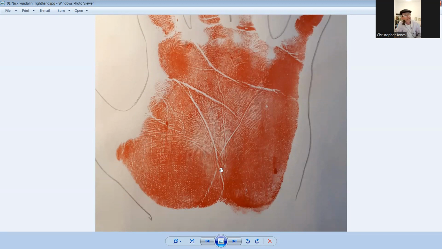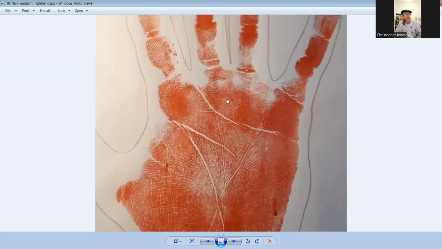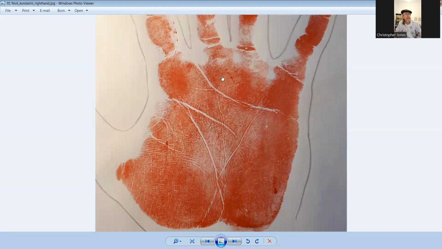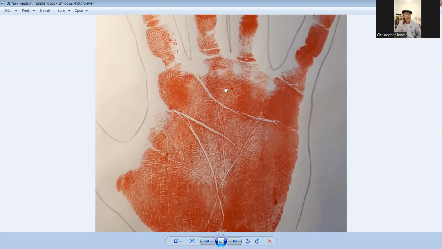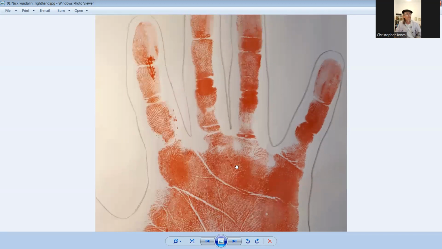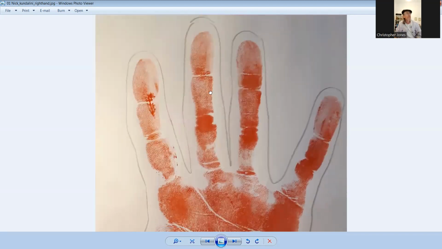In fact, this guy's got a minor earth line, which is the line that runs up the center of the palm here. That's the fourth most common line to be found on the hand. It's not always present, but likely to be present. I can easily identify it as the secondary earth line because it points towards the earth finger.